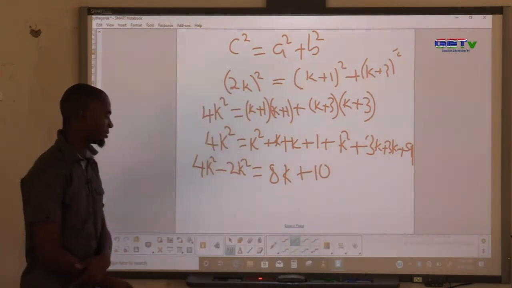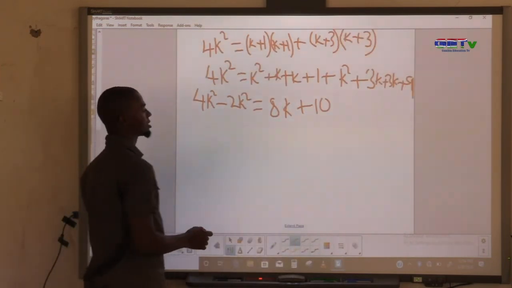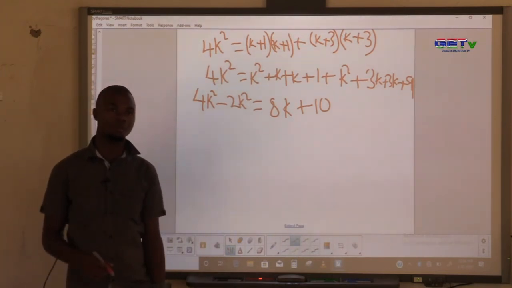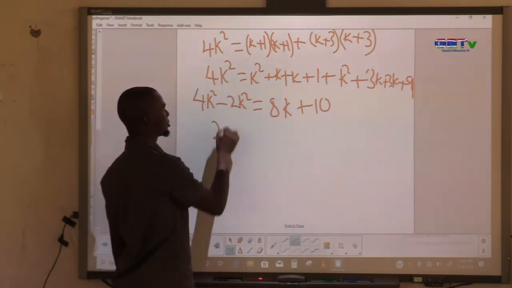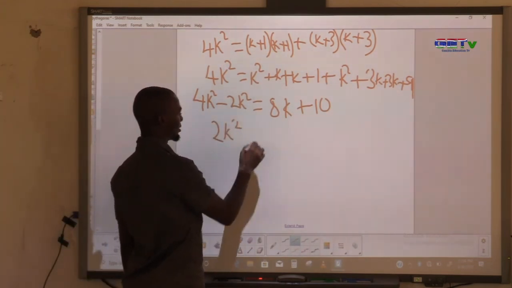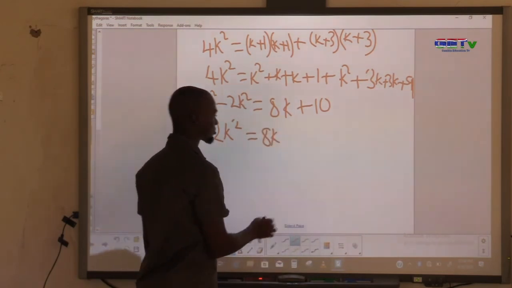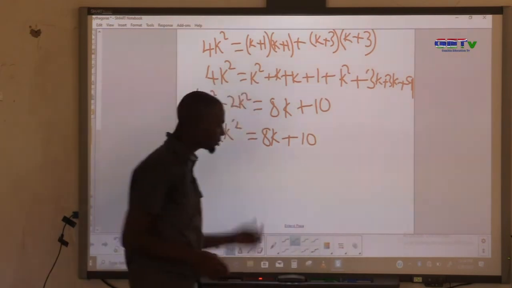Look at this properly. Do we have to do anything again? Of course, yes. We have 4k square minus 2k square. That is going to give us 2k square. So you have 2k square is equal to 8k plus 10.